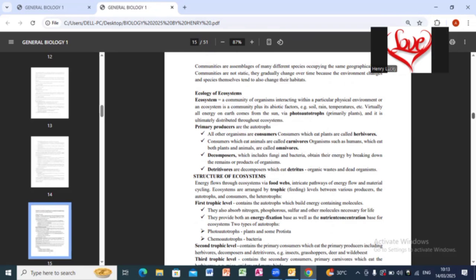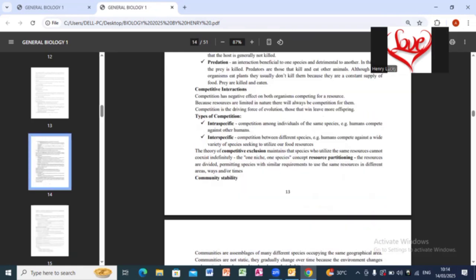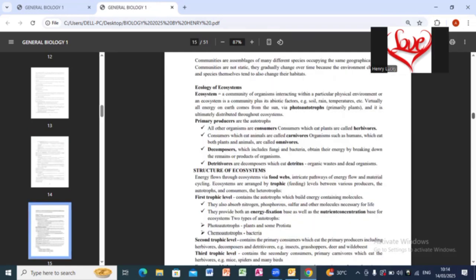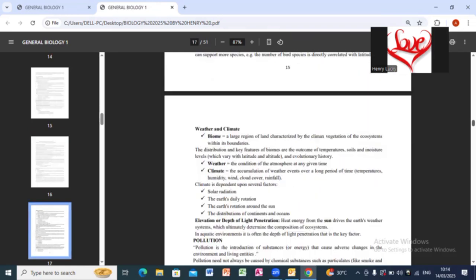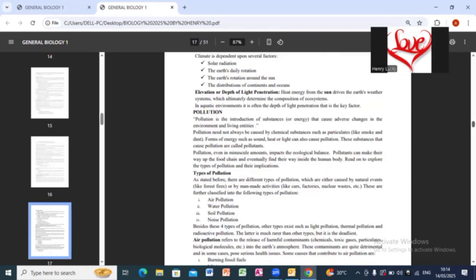Or we can equally define ecosystem as a community plus its abiotic factors. So an ecosystem totally depends on the abiotic factor. So that is what we need to know for the concept of ecology.